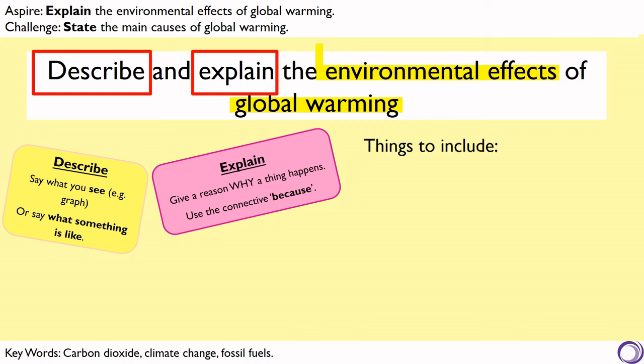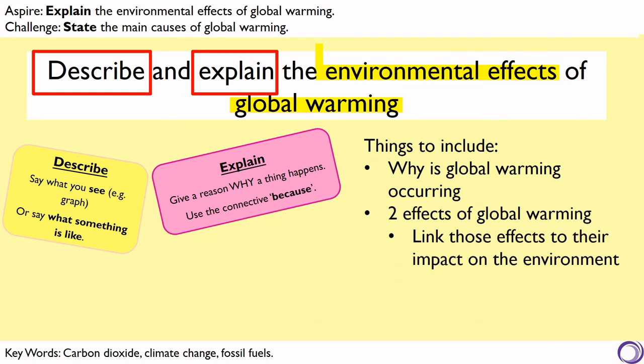Okay, so first, why is global warming occurring? What is causing that change? And then I'd like you to give two effects of global warming and link those effects to their impact on the environment. And I'm going to give you some time to complete your answer.